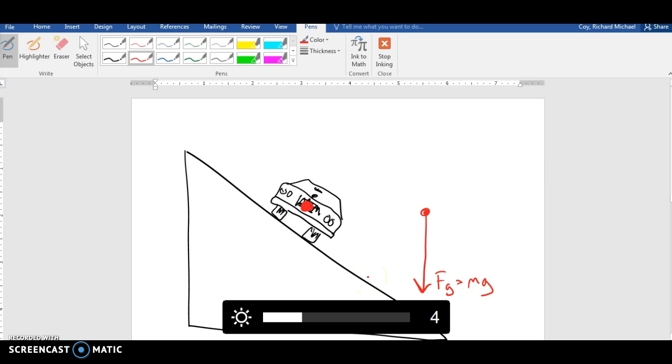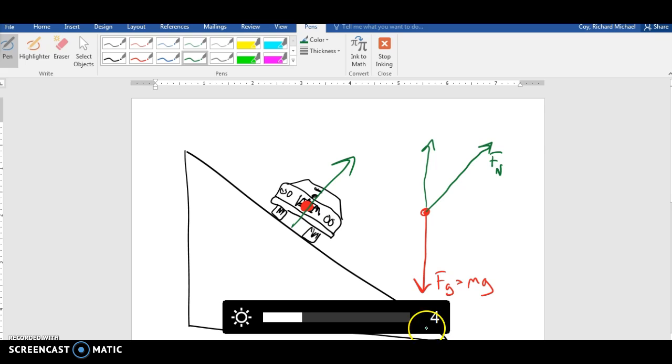So that means the bank is doing two things to it. It's counteracting this gravitational force. We know there's going to be some component that counteracts that. However, the normal force, well, the word normal means perpendicular. It has to be perpendicular to the surface in that direction. So the actual normal force is this, and this is just a component of it.